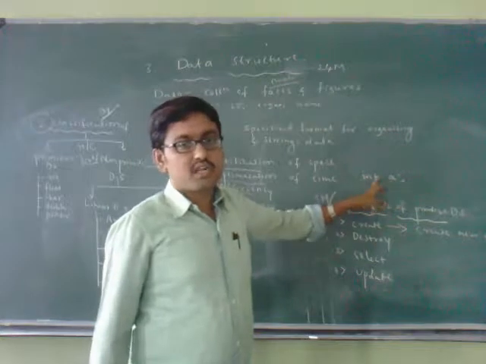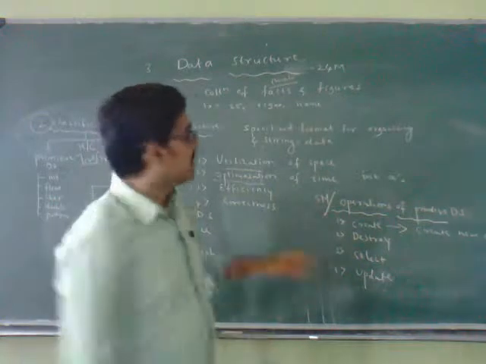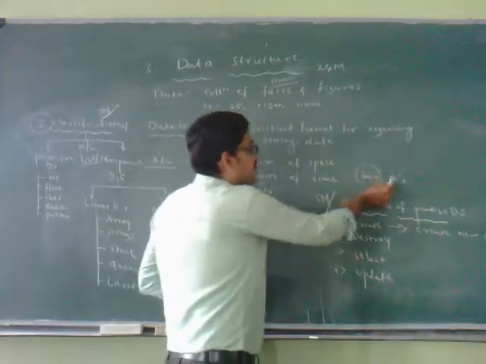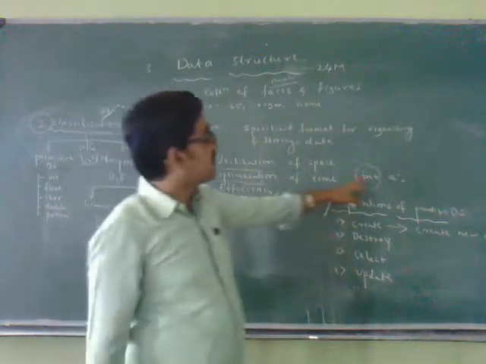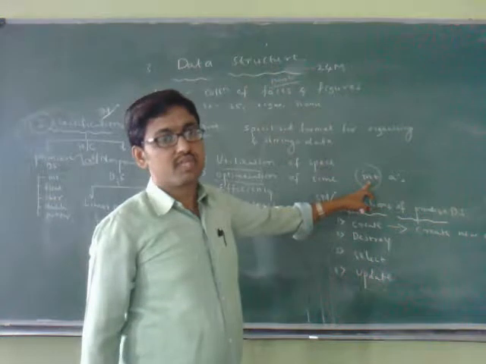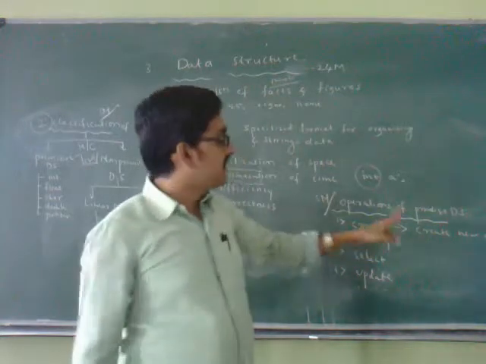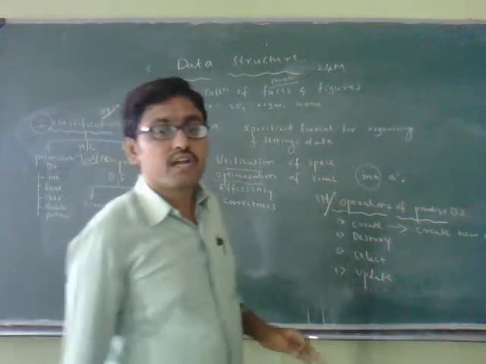This is nothing but a data structure. It allocates the memory for a variable. Int is also one data structure. So create operation can create a new data in the computer.